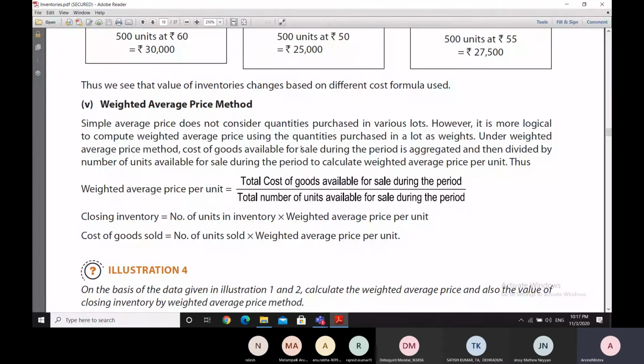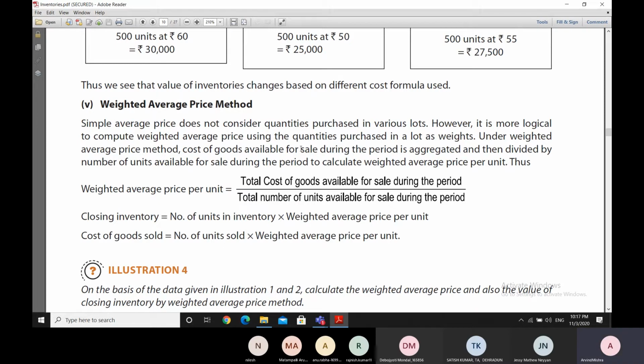If we were to include the weights of the various quantities purchased, it will be more logical to compute the weighted average price using the quantities purchased in every lot as weights. So the quantities will be used as weights, and the more the quantity, the more the weight of any purchase.